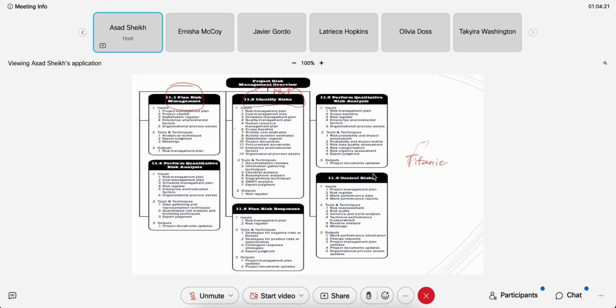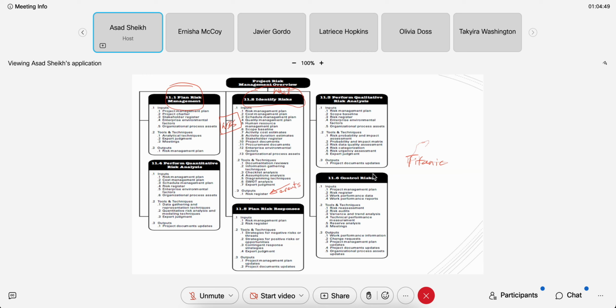And to do that, we have to look at the WBS, work breakdown structure, and see what are the main deliverables, and then we go into each of those deliverables to identify holes, gaps. So what we're looking for are gaps, and once we find those, events or risks are also called events.